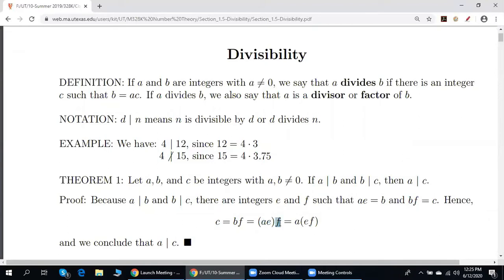AE times F is equal to A times EF. Since both E and F are integers, EF is an integer number. So C is equal to A times an integer, which by definition of divisibility means A divides C.